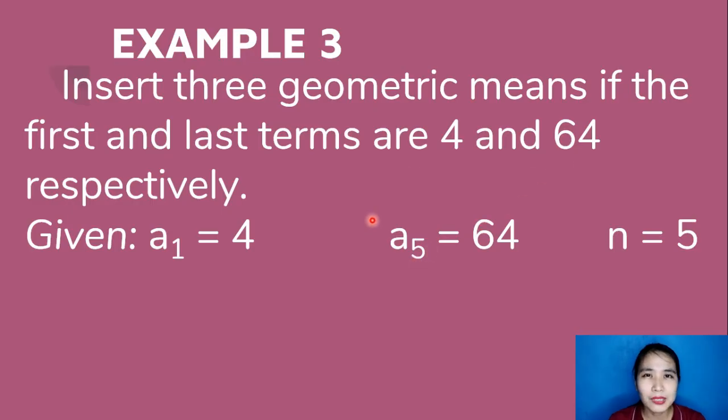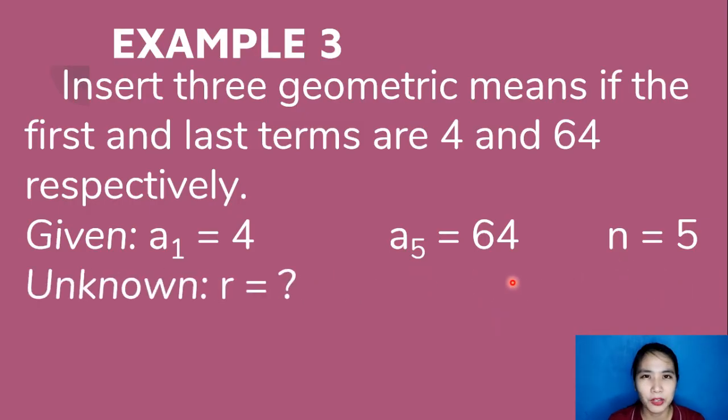So we use a sub 5 because we have already the first term, and we need to insert 3 geometric means. So that means our 64 will be the fifth term, and our n will be equal to 5. We have 2 given terms, the first and the last term, plus the 3 geometric means to be inserted. That's why our n is equal to 5.